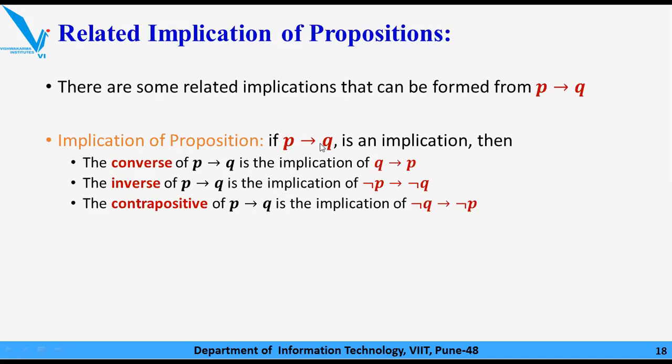The implication P gives Q can have other implications like the converse. The converse of P implies Q is Q implies P. Inverse of P gives Q is the negation of both, that is, negation of P gives negation of Q. And the contrapositive is the implication of negation of Q gives negation of P, that is the inverse of the converse. The converse and the inverse are equivalent to each other, and the contrapositive and the original proposition are equivalent to each other. So these are some related implications.